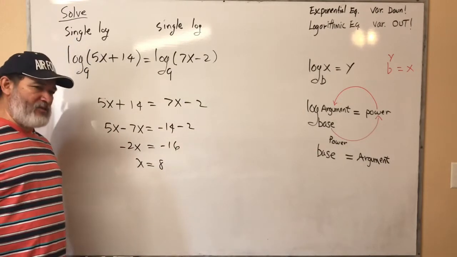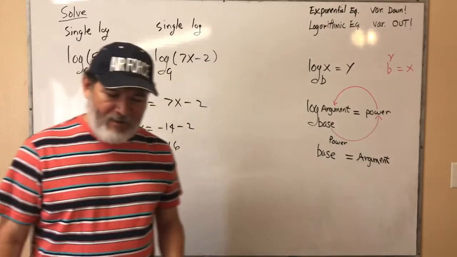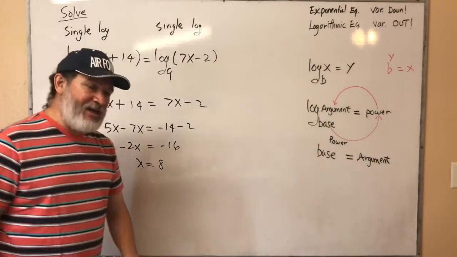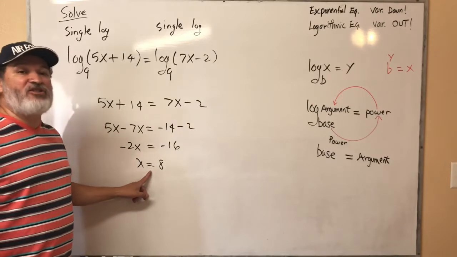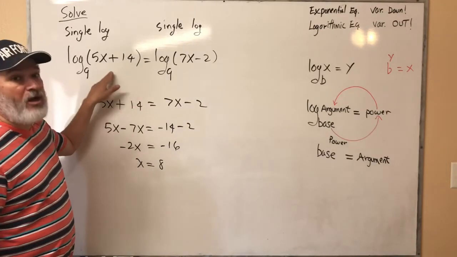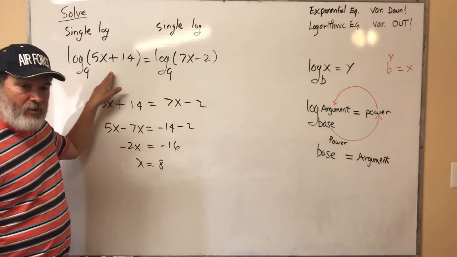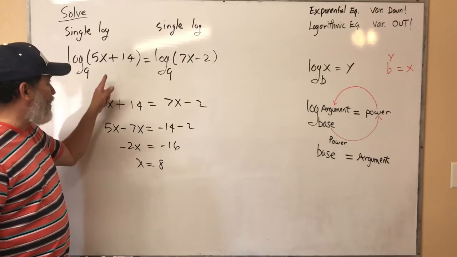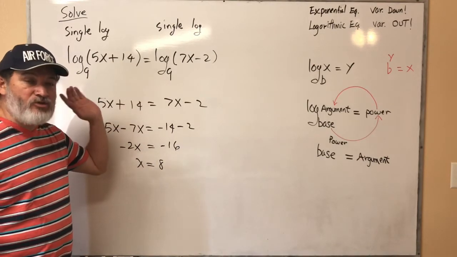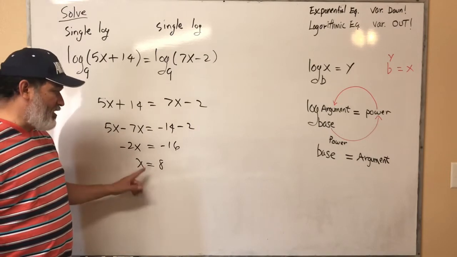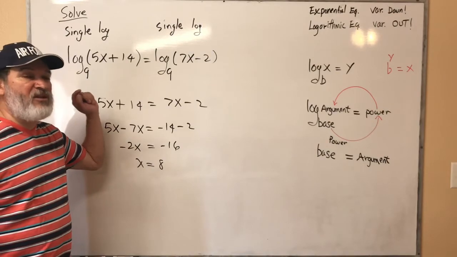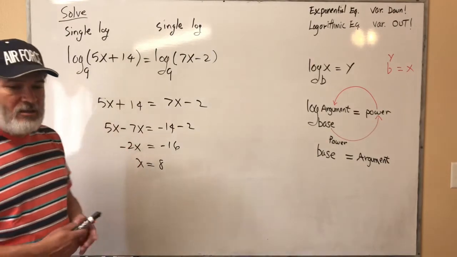What is basura? Basura is trash. Sometimes the answer is trash to the original problem. So that's why you need to plug it in and get a true statement, because sometimes the answer gives you a false statement or maybe doesn't exist.